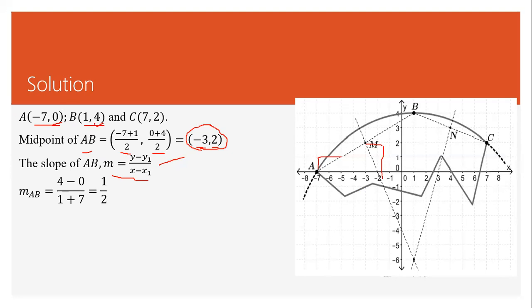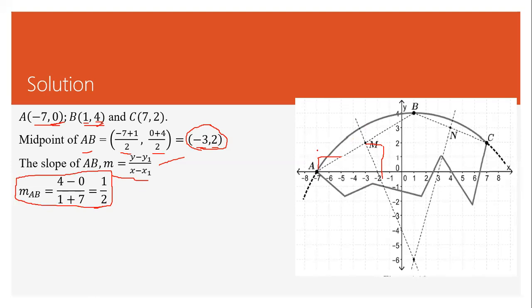B's y is 4, minus the y of A, which is 0, so 4 minus 0 is 4, over x minus x sub 1, that's 1 minus -7, so plus 7, 1 plus 7 is 8. So 4 over 8, or 1/2. This is the slope of line AB.